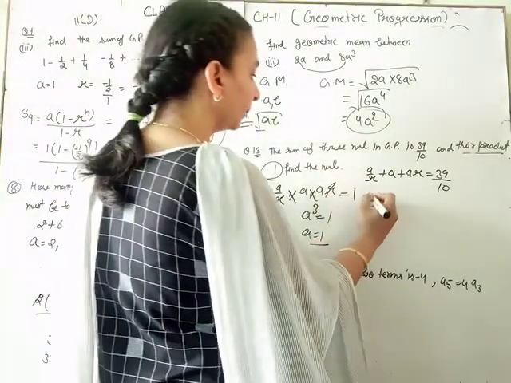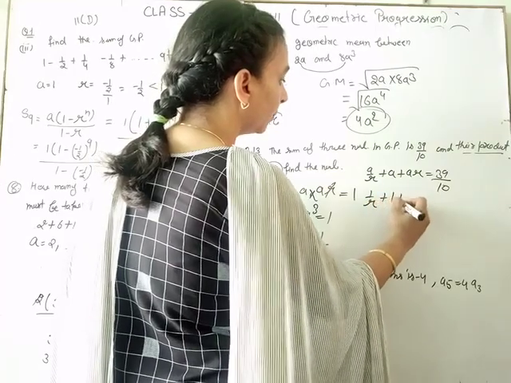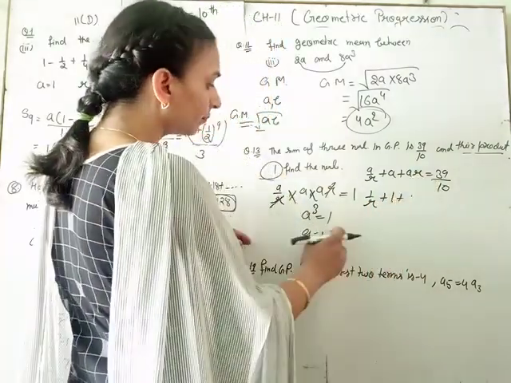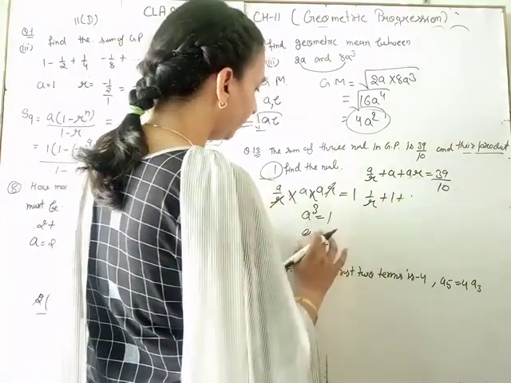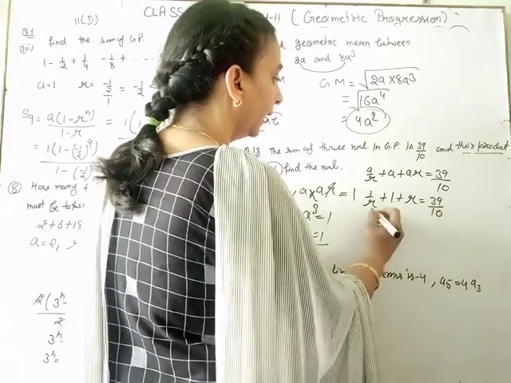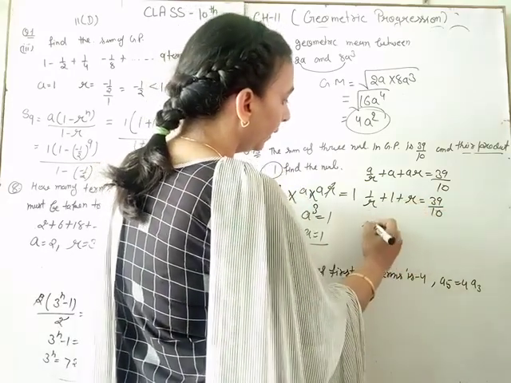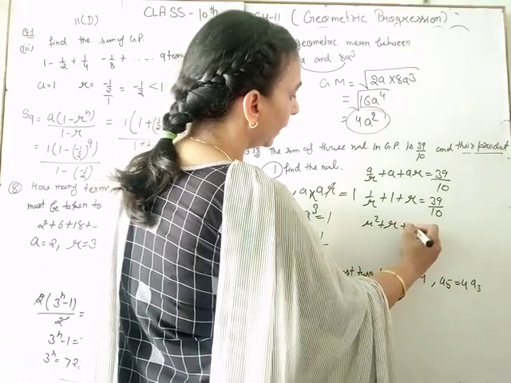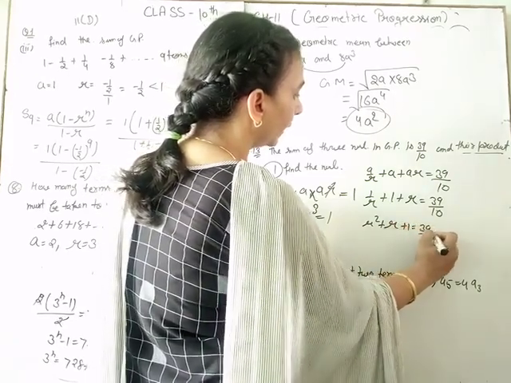Then we put here 1 by r plus 1 plus r equals 39 by 10, writing 1 in place of a. Then r squared plus r plus 1 equals 39 by 10r.